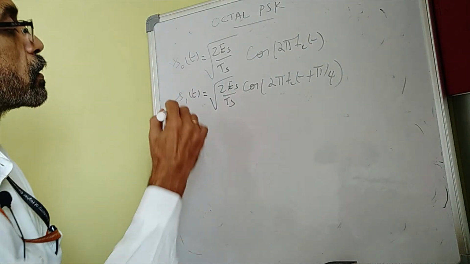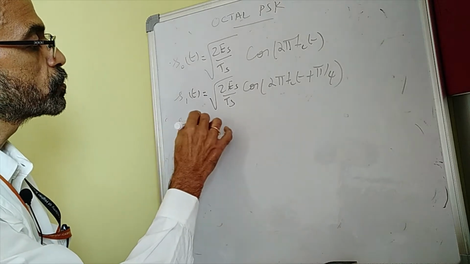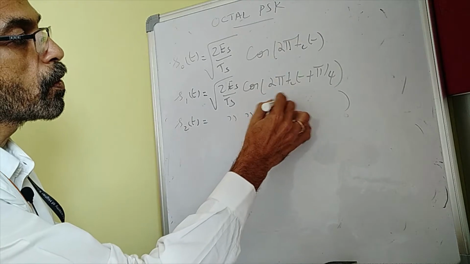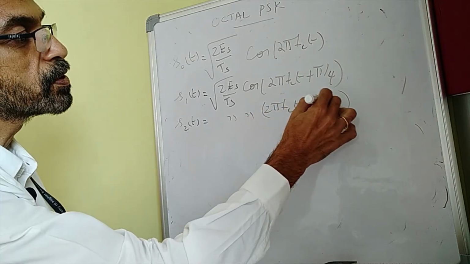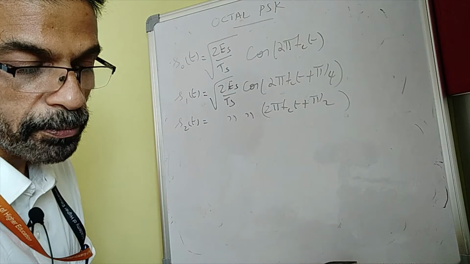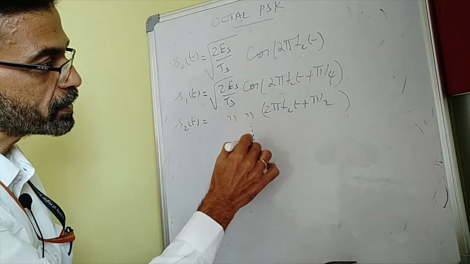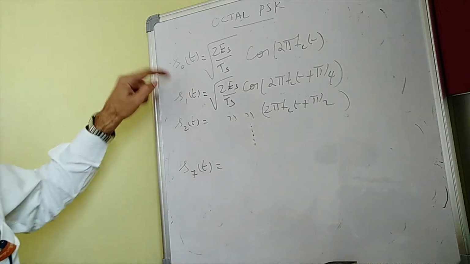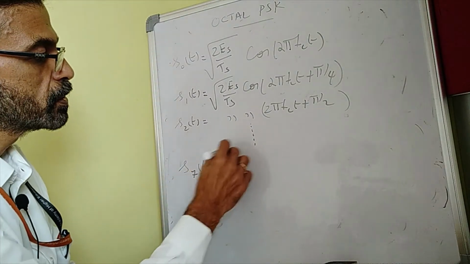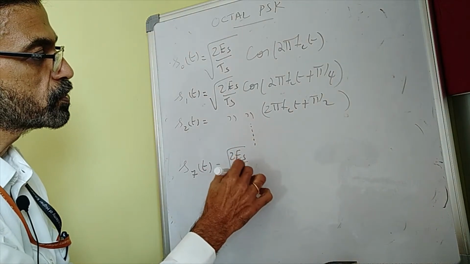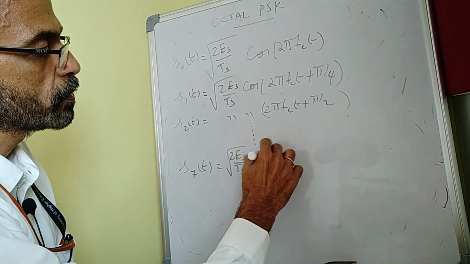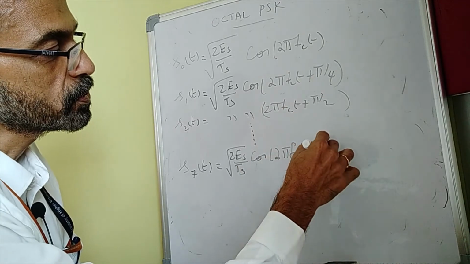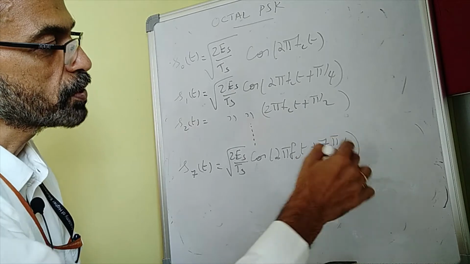And then S2(t) will be the same, 2 pi fc t plus pi by 2. So increase by pi by 4. I will not write the rest of it, and the last one will be S7(t). So that will give us 8 signals, root 2 Es by Ts cos 2 pi fc t plus 7 pi by 4.